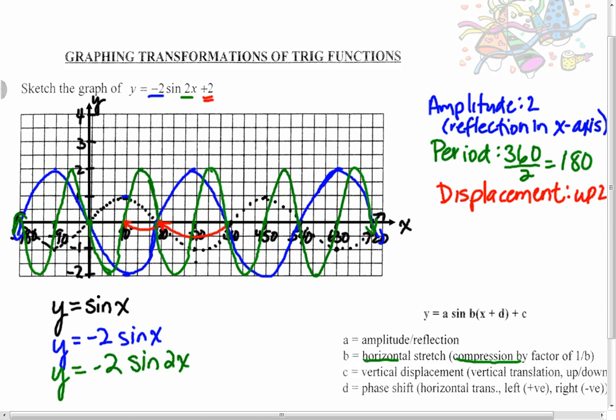And lastly, we're going to take that entire green one and we're going to move it up 2. So my 0, I'm going to move major points. My zeros are all getting off here. So that is up 2.